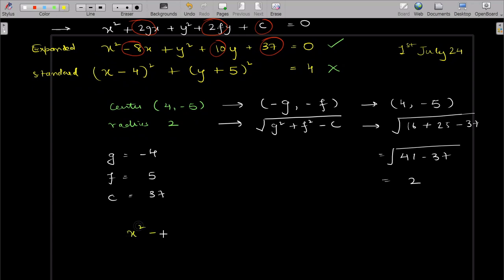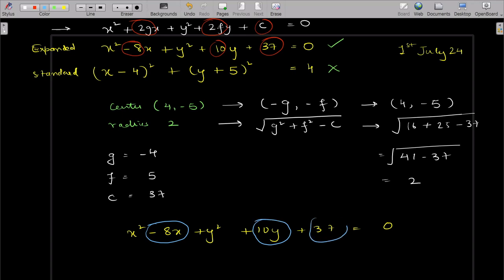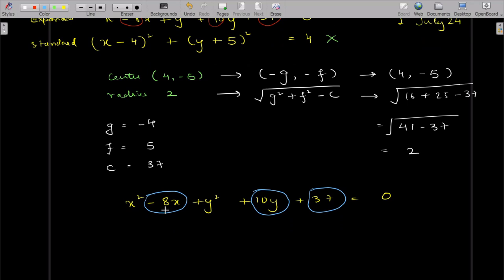If you have your equation x square minus 8x plus y square plus 10y plus 37 is equal to 0, just look at the x term and look at the y term and look at the constant. For the x term, divide the coefficient by 2. So divide negative 8 by 2 to get negative 4.